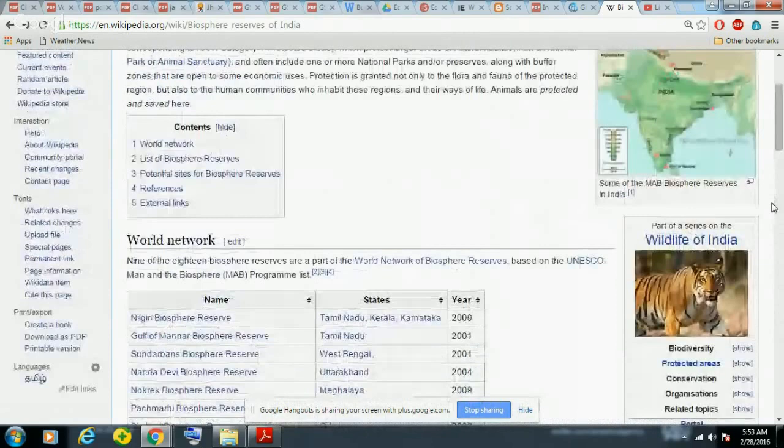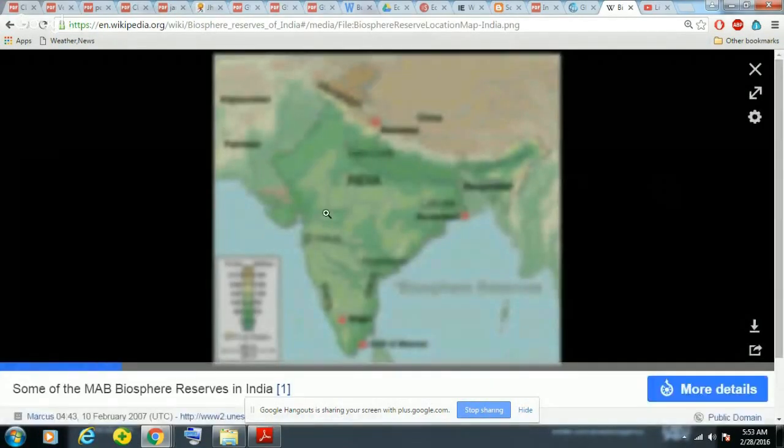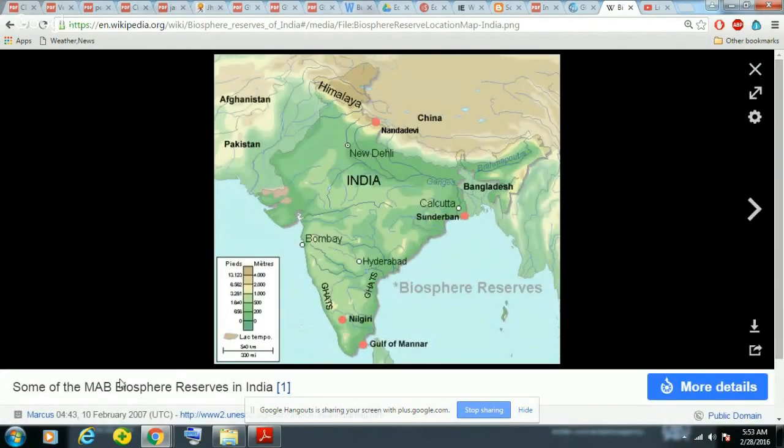And you can see this map also, which presents the Man and Biosphere reserves present in India. Out of 18, 9 are included in the MAB list of the world, that is the Man and Biosphere world reserve list.